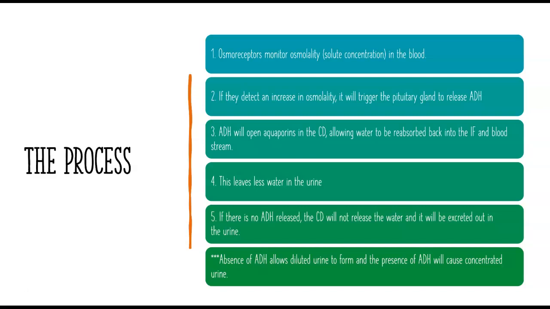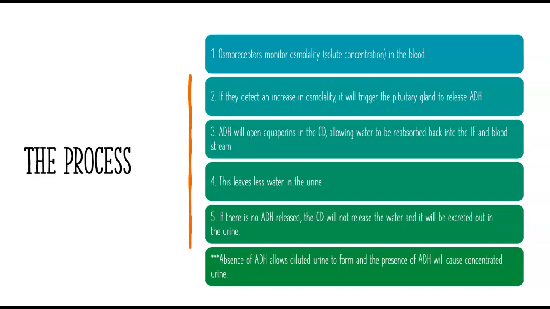Now, if there is no ADH release, so if the osmoreceptors don't recognize an increase in solute, or they recognize that everything is where the levels should be, then no ADH is released and the collecting ducts will not release that water to the interstitial fluid, and it'll stay in the urine where it'll get excreted when you urinate.